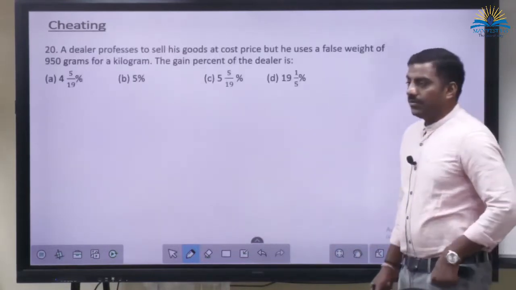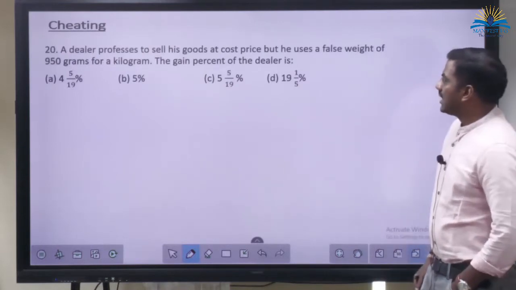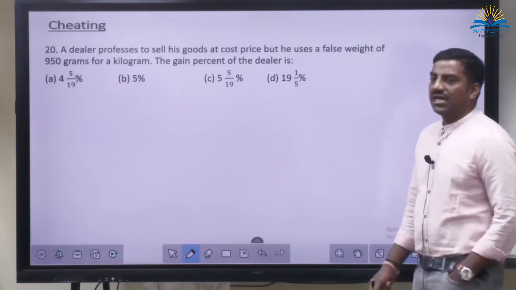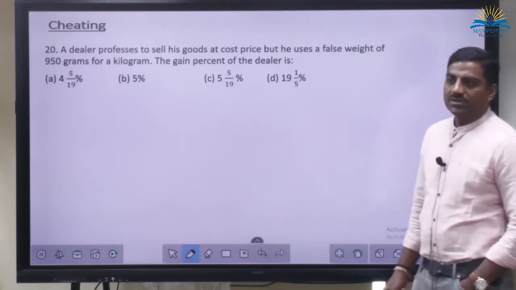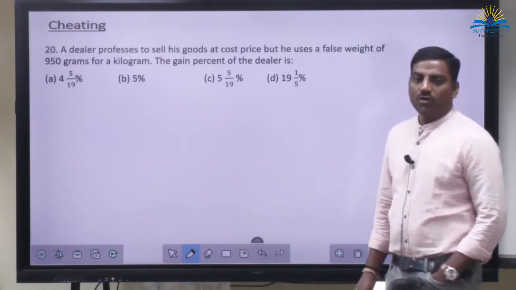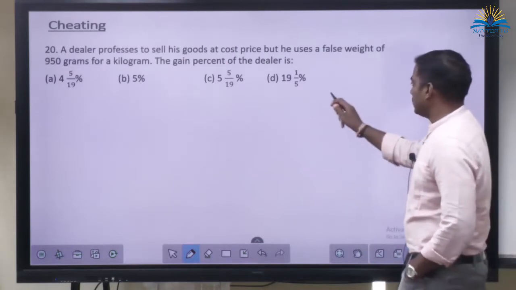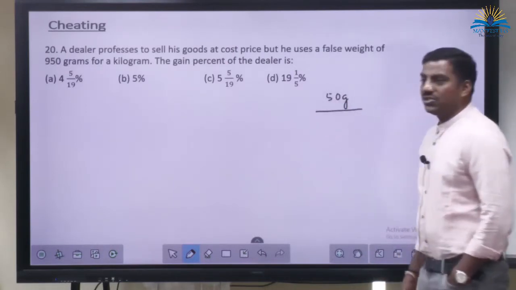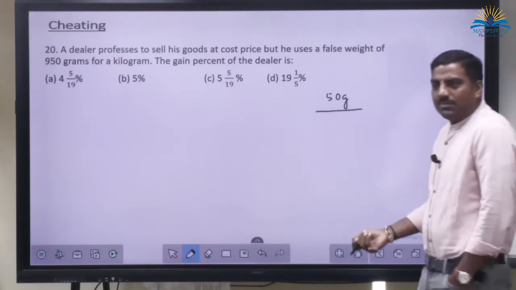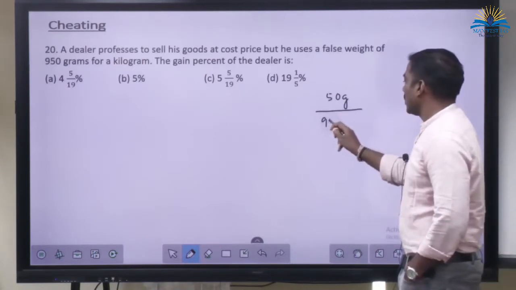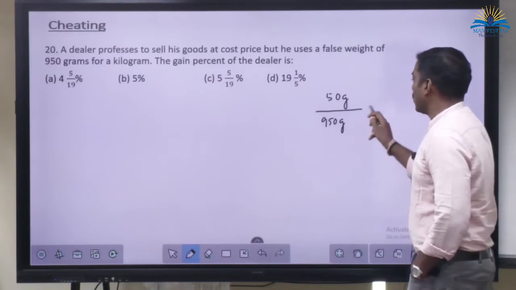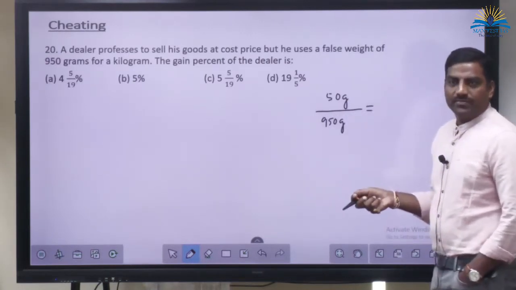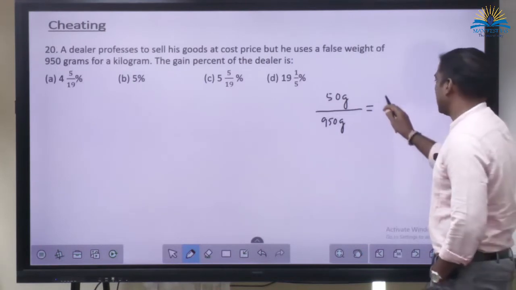A dealer professes to sell his goods at cost price, but he uses a false weight of 950 grams for a kg. So what is the cheating done? How many grams? 50 grams. 50 grams, but how much is actually sold? Simple. So this is equal to 5 by 95; simplify it. 1 by 19, simple.